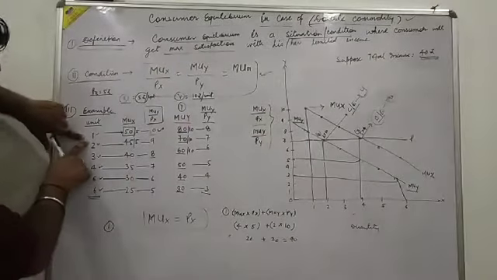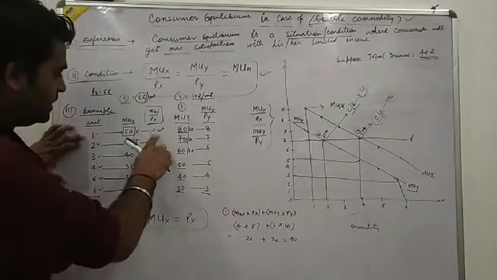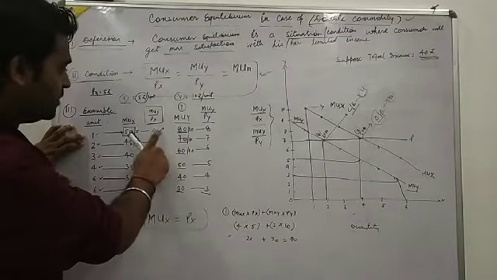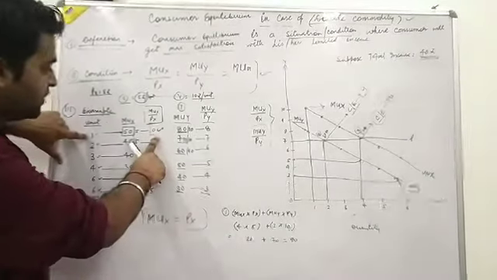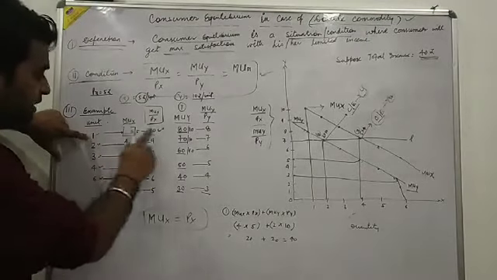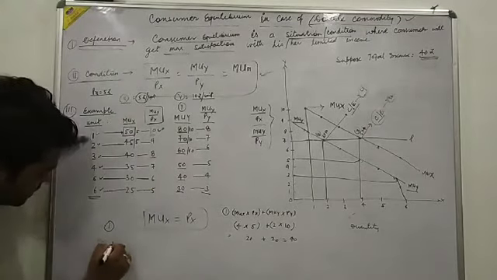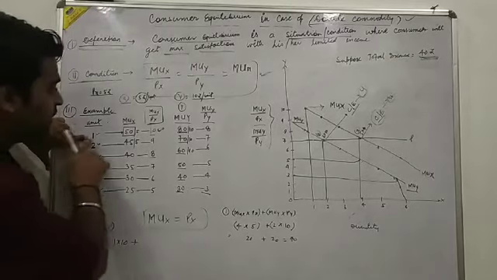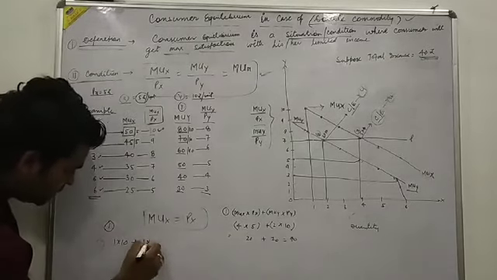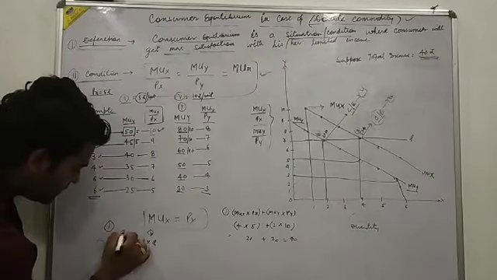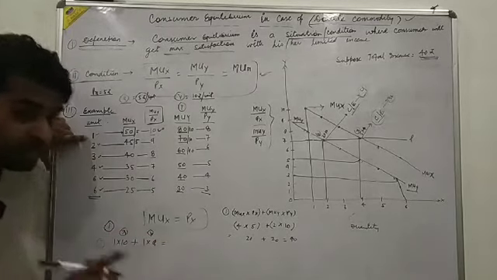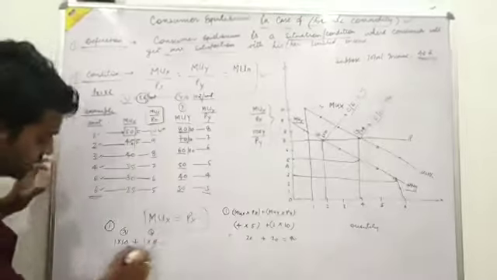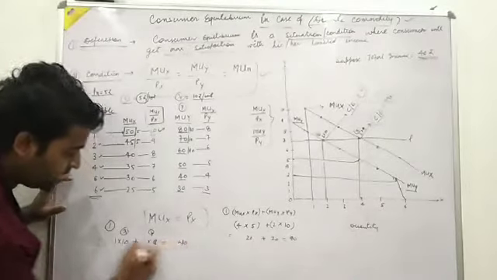See here, from the first unit we will check: 10 units, 10 rupees, and we are getting 1 commodity. 1 into 10 plus 1 into 8 for Y. The total sum should be 40. Is it coming?